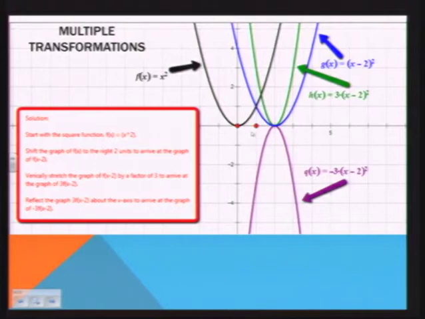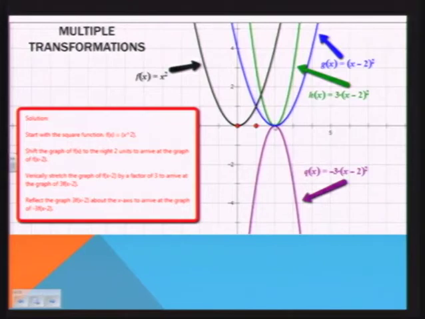Well, we went over an overview of all the transformations that you've gone through in the lesson, starting with your parent function known as x squared, from which we did a horizontal shift to the right.